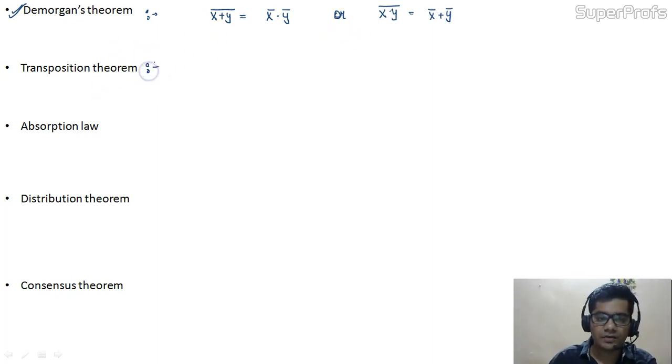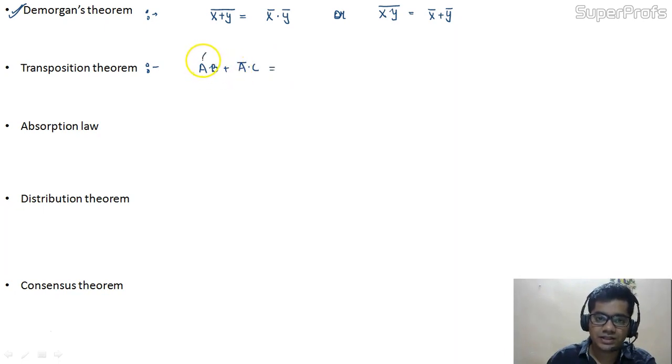Now we are writing for transposition theorem. So what is transposition theorem? Transposition theorem means operations or the associations can be interchanged. So what it means, we are writing through the Boolean expression. If it is A dot B plus A bar dot C, we can interchange the operators as well as the associations.